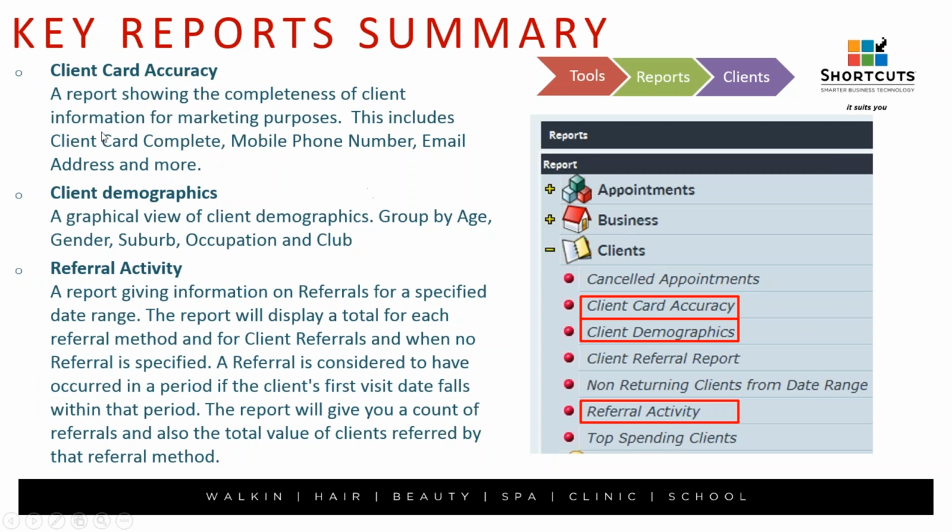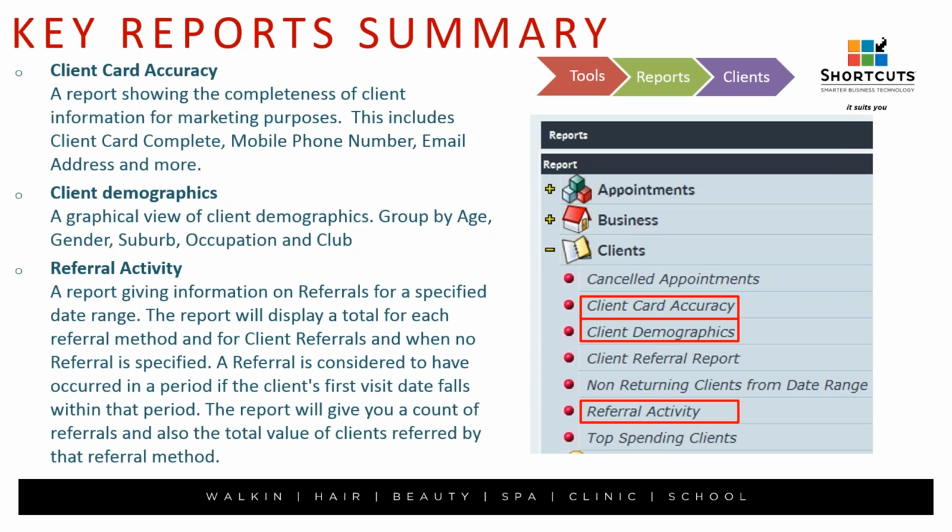The client card accuracy is a report showing the completeness of client information for marketing purposes. This includes client card complete, mobile phone numbers, email addresses, and more. Client demographics is a graphical view of client demographics grouped by age, gender, suburb, occupation, and club.